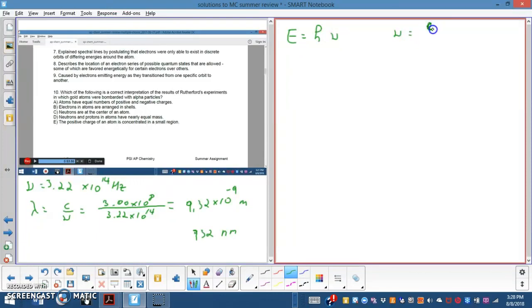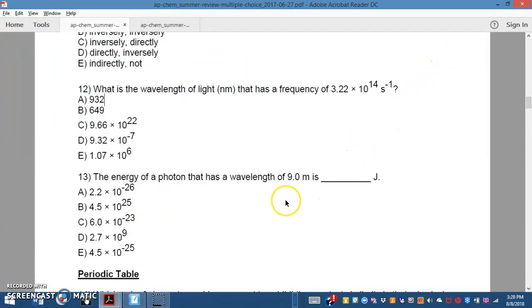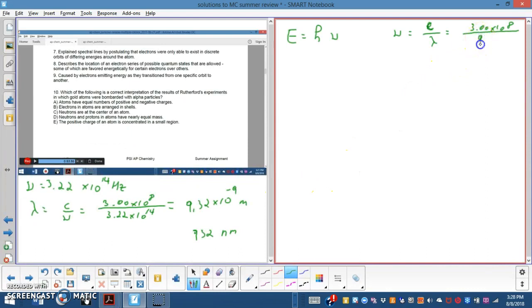And this is c divided by your lambda, so c is again 3.00E8 divided by, what was it, 9 meters. So 3E8 divided by 9 is going to be 3.33E7 hertz.